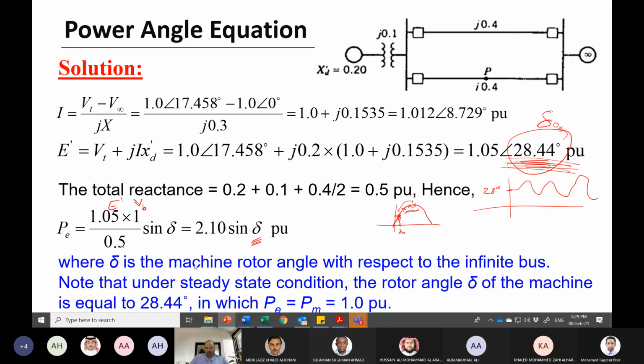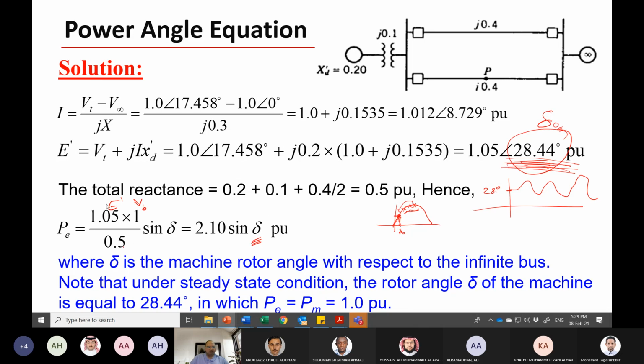Definitely, in a steady state, you can write P electrical equal to P mechanical, and this is at steady state. So P mechanical from the steady state condition equals 1 per unit. So during the fault, when we have a three-phase fault here, how to develop the power angle equation?